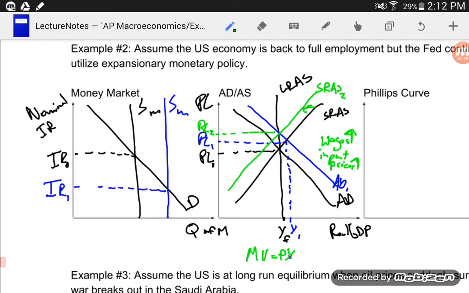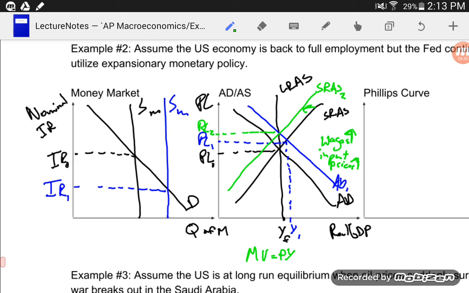If we can't increase Y beyond full employment, the only thing that can increase if the money supply is increasing is the price level. That gives us a long-run graph of the money market, which I don't think you're going to need on the test, but essentially it shows that in the long run, if we keep increasing the money supply, the value of money just drops.